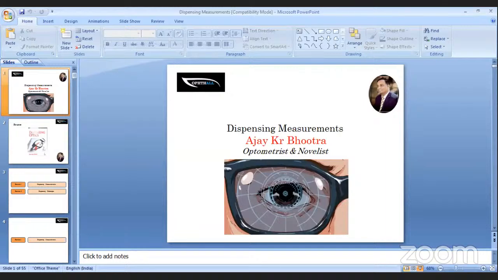This distance can be measured from the center of one pupil to the center of the other pupil, and it can also be measured from the outer limbus of one eye to the inner limbus of the other eye. In both cases, we will have similar measurements.